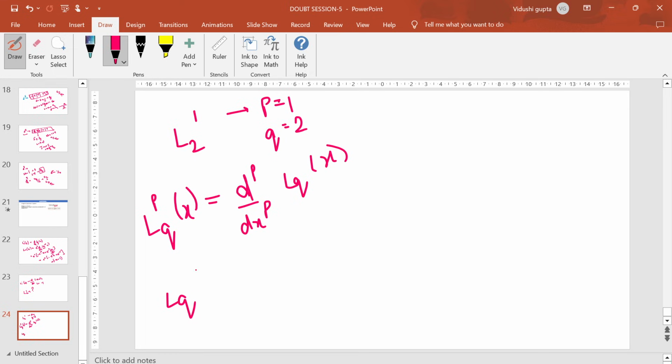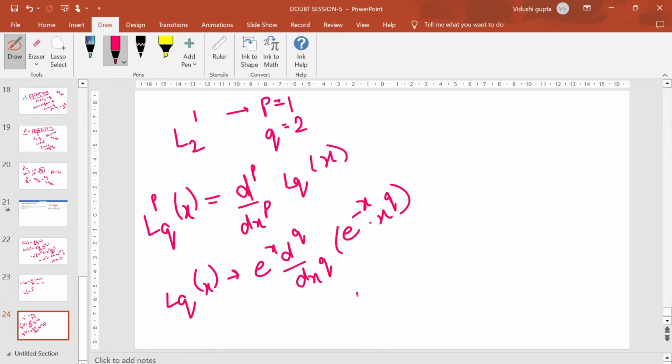So LQX will be e^x d by dx power Q into e^-x into x^Q. Now we have to know what is L2X first.